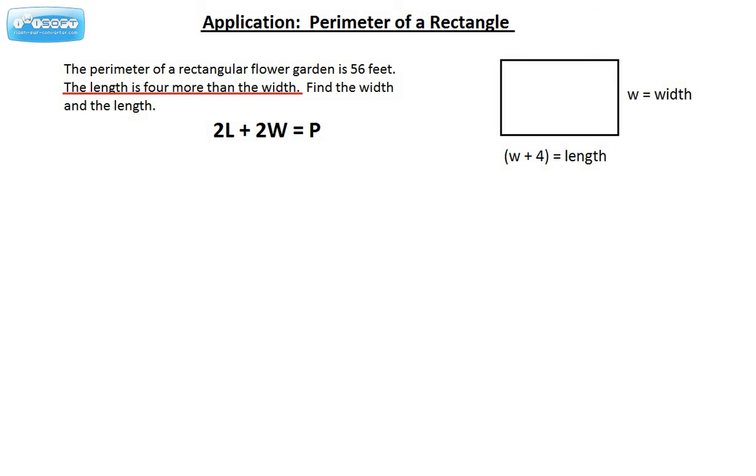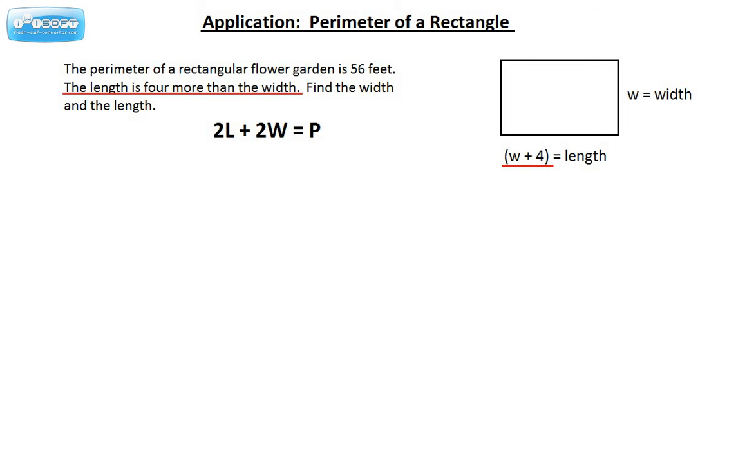Anytime we have a two-term variable name and we have to multiply, be sure to put it in parentheses. You'll notice here that we have the name for our length in parentheses because we're going to have to multiply each term of that by 2.